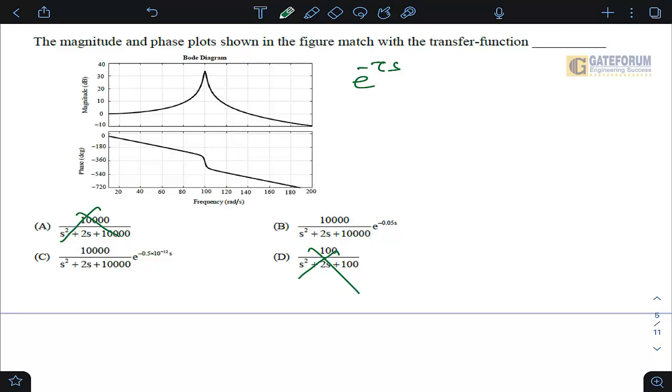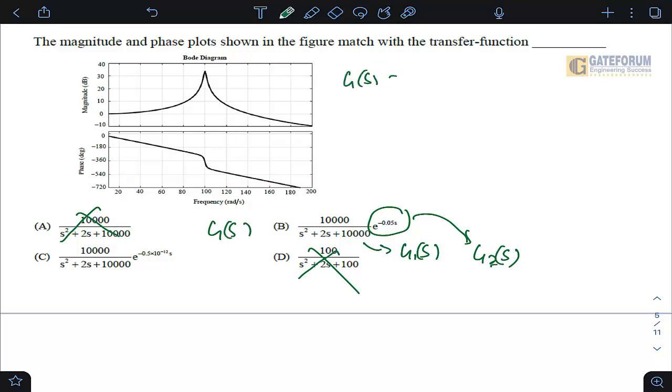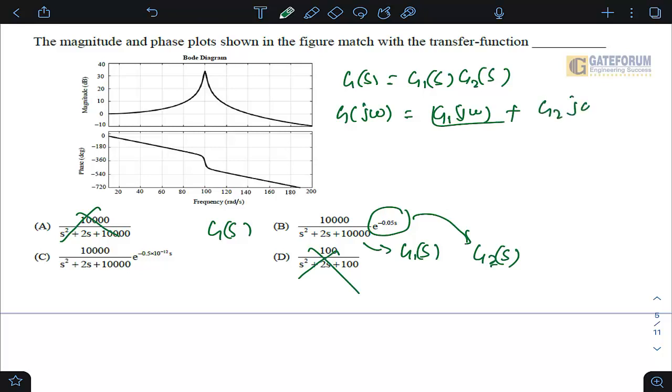So in option B, if I ask you what is the phase of this one, let's say this is G1 of s and this is G2 of s, and the overall transfer function is G of s, so G of s is the product of G1 of s and G2 of s. So if I ask you what is the phase of G of j omega, this is the phase of G1 of j omega plus the phase of G2 of j omega, because if the transfer functions are multiplied, you can add the corresponding phases.